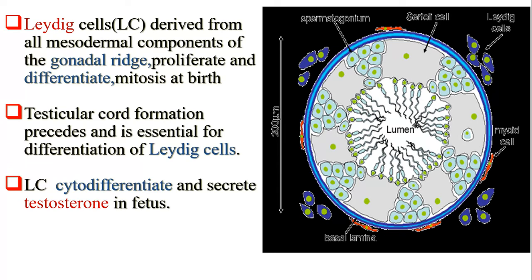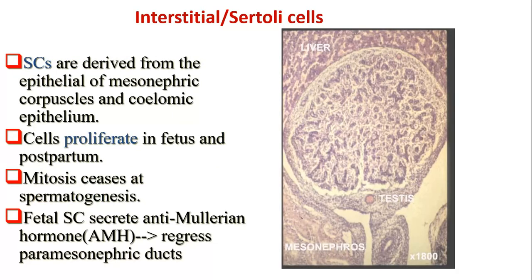But development of the female organ, the paramesonephric duct, will be inhibited by the Sertoli cells through the AMH. That is very important, and it can be included as an MCQ during the exam: the hormones which are produced by the two cells.